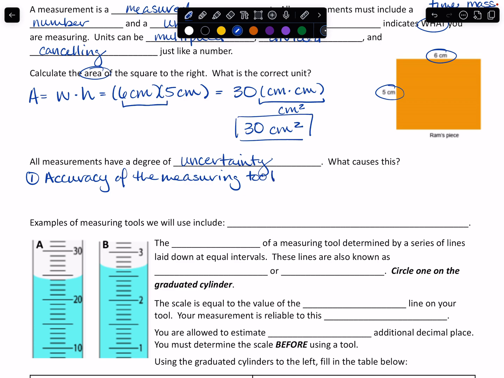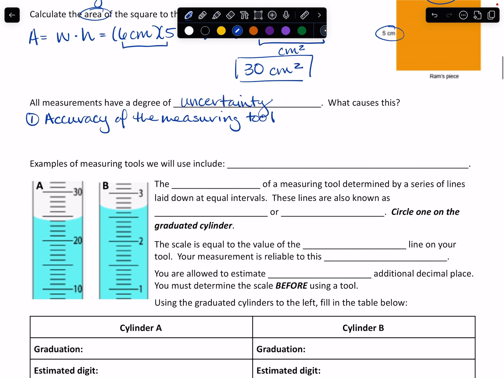We'll talk about that a little bit more in a minute, but generally speaking, you want to use tools that are as accurate as possible. You want to take as much of the guesswork out of that measurement as you can. The second problem is one we really can't do much about, but it's the accuracy of the person doing that measuring.